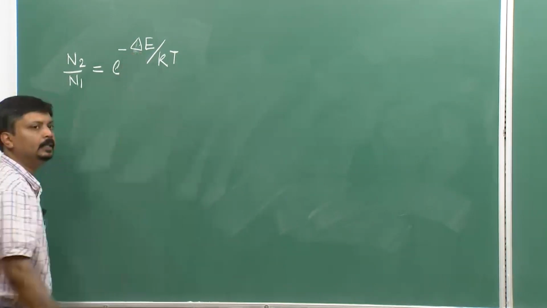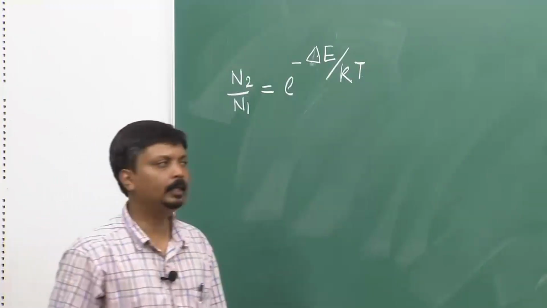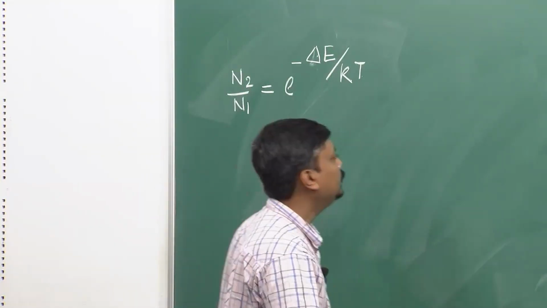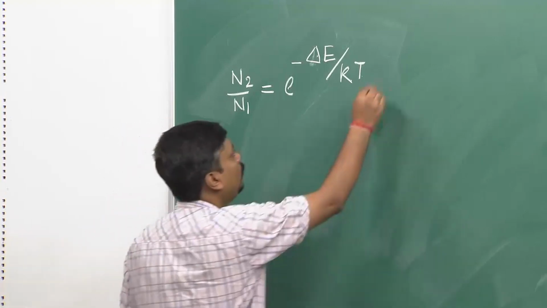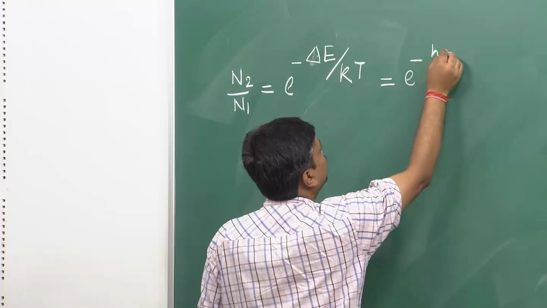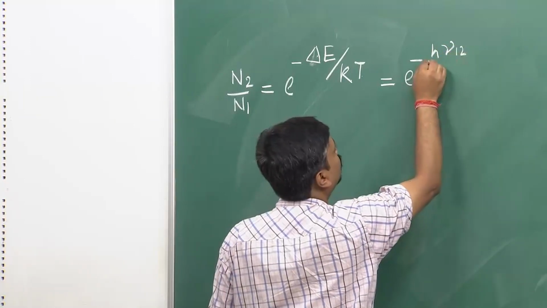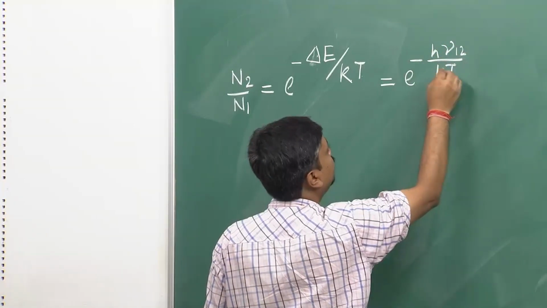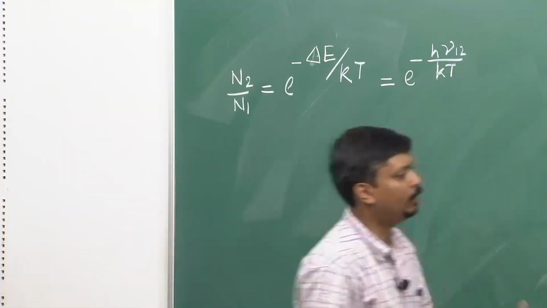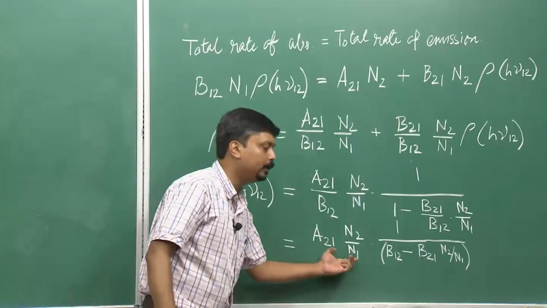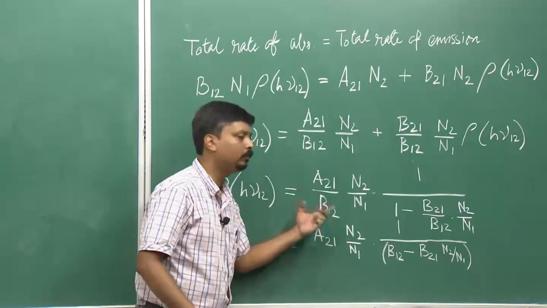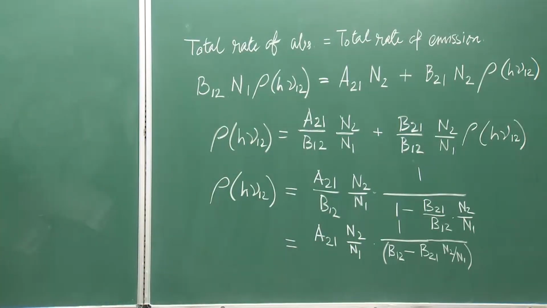In our case, this delta E is E2 minus E1, which is equal to h nu 12. So, I can write this as e to the power minus h nu 12 divided by kT. Now if I take this value of N2 by N1 and replace it here, I will get an expression in terms of that exponential term.